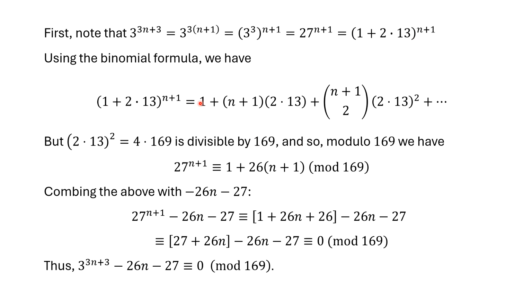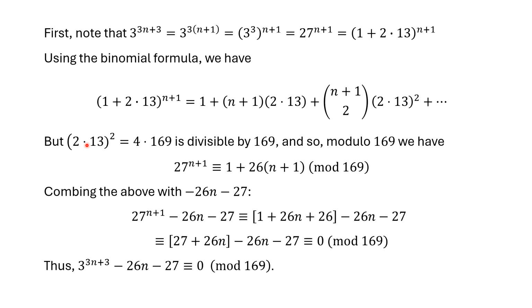So it's 1, then n plus 1, choose 1, which is just n plus 1, 2 times 13. Then n plus 1, choose 2, times 2 times 13 squared. Then it would be n plus 1, choose 3, times 2 times 13 cubed, and so on.